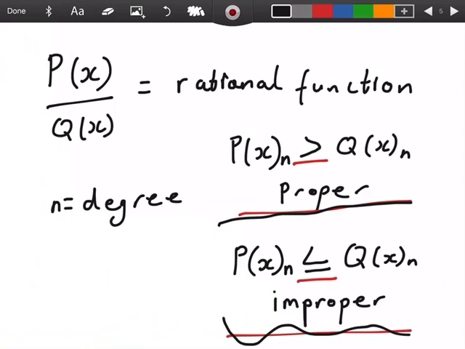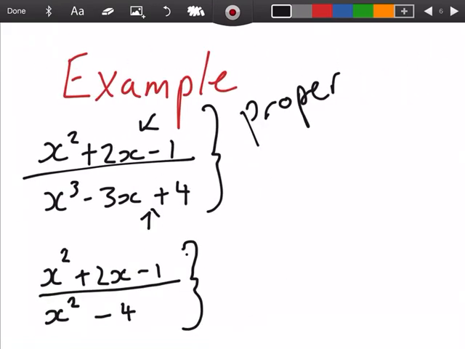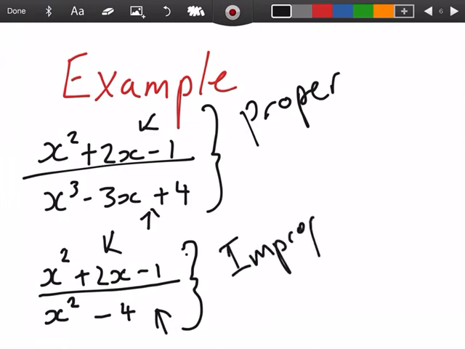If the degree of the top part of the fraction is equal to the degree of the bottom part of the fraction, then it's an improper rational function. Right, do not forget it. If the top degree is greater than or equal to the bottom degree, it is improper. So, following our rules, degree 2 over degree 2, it is an improper rational function. Improper.